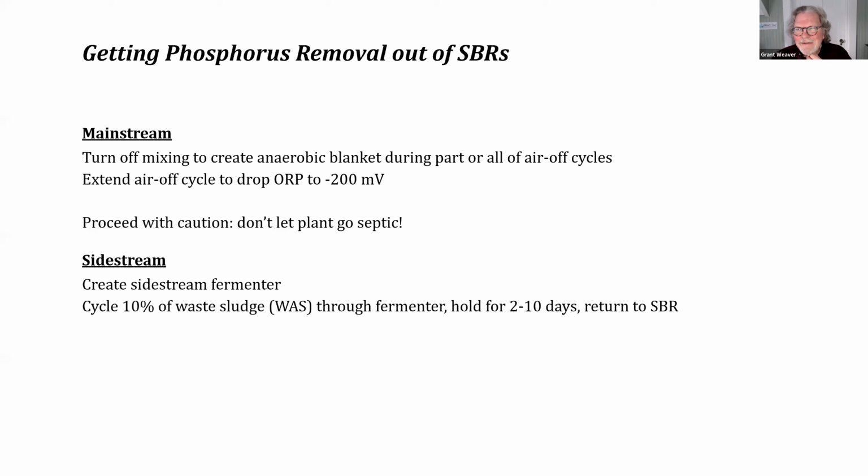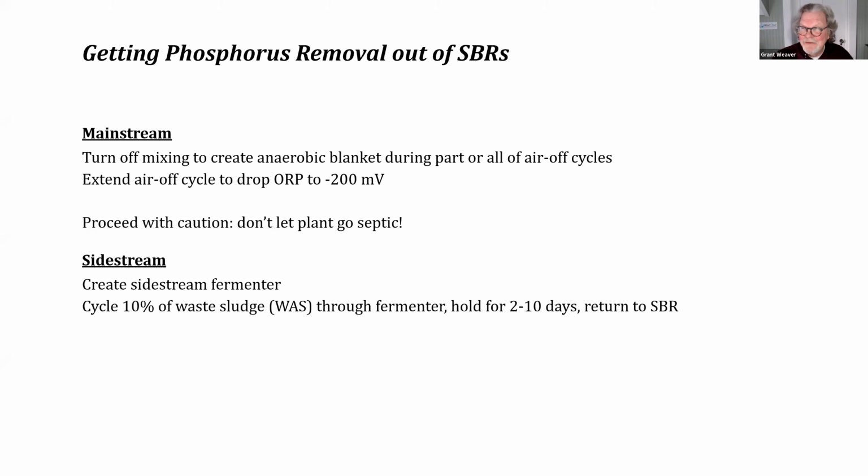This is where, in the introduction, I said it's kind of a work in progress. I'm going to be sharing examples of several plants that are doing this. I can't honestly tell you any of them have it totally dialed in yet, but we're going to get there.